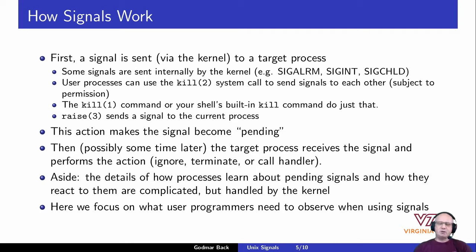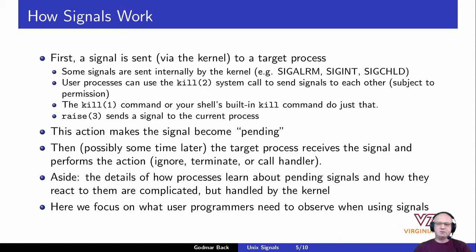But user processes may also send signals to other processes. This happens through a system call called kill. This can be done most arbitrarily, but it is subject to some permissions. For example, in Unix, you can only send signals to processes that run under the same UID as you do, unless you are the superuser.